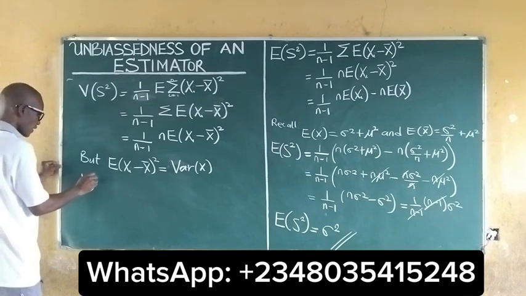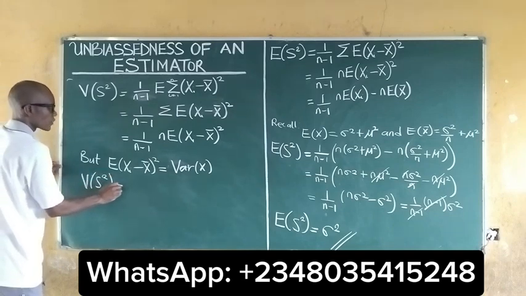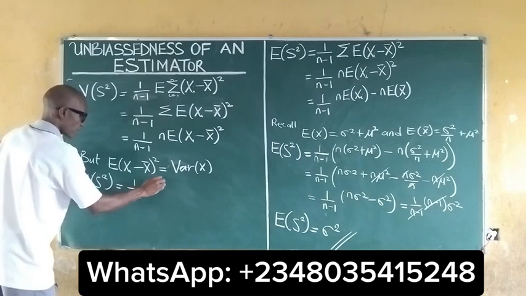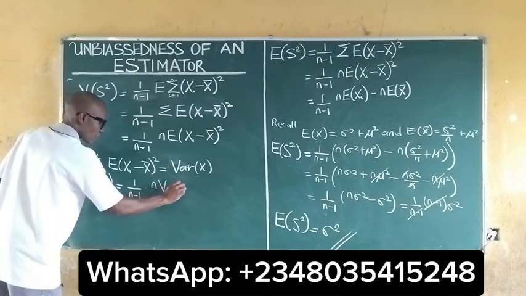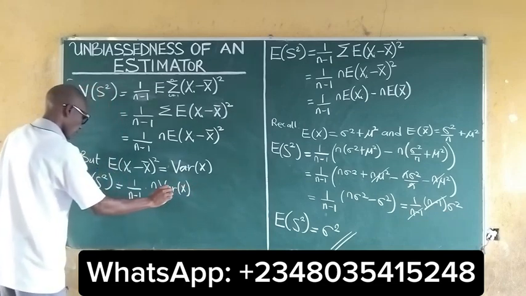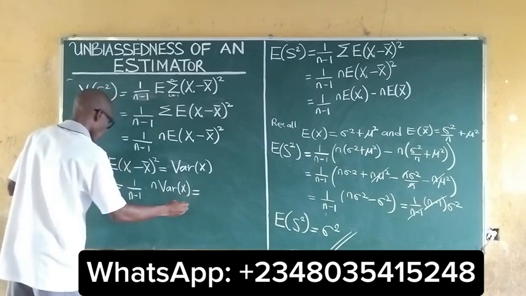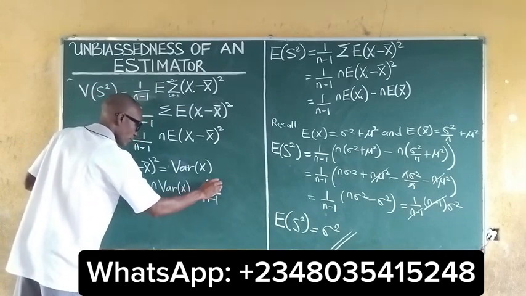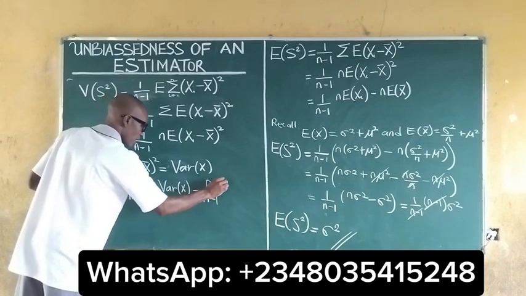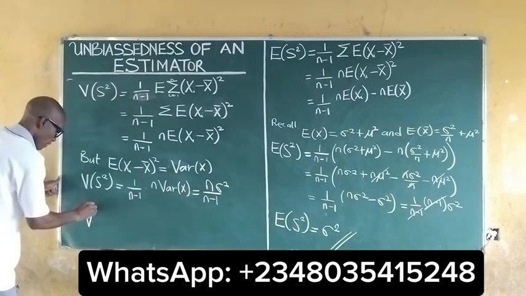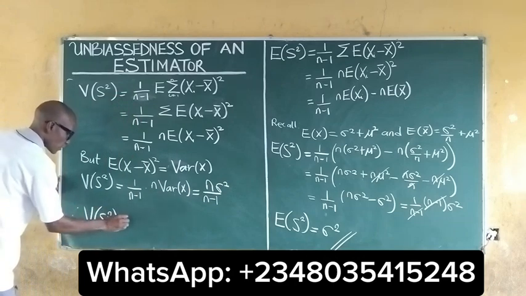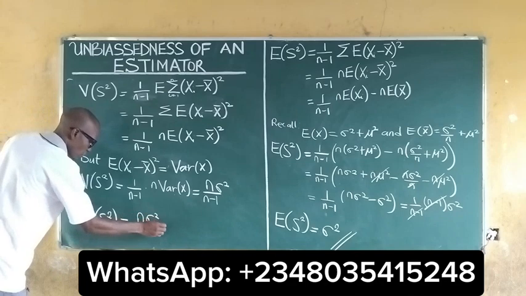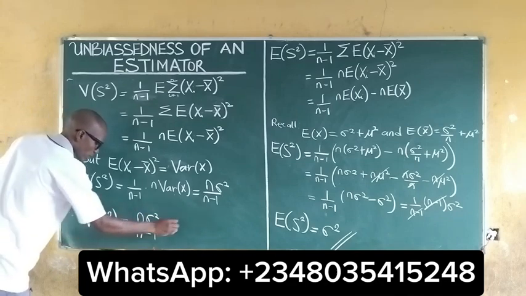So we have that the variance of s squared is equal to 1 all over n minus 1 multiplied by n times the variance of x, which is also equal to 1 n all over n minus 1 times the variance sigma squared. Therefore, the variance of s squared is equal to n sigma squared all over n minus 1.